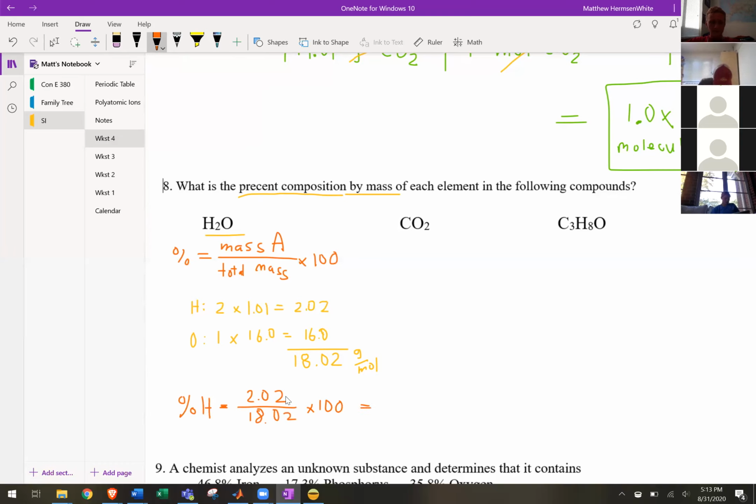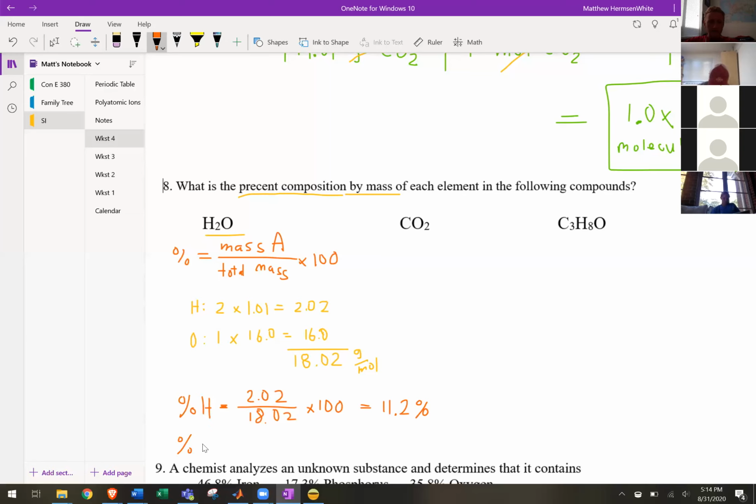And if you do 2 divided by 18 times 100, you should get, let's see, 11.2%. And this one didn't have any sig figs, so let's shoot for 3 sig figs on this one.